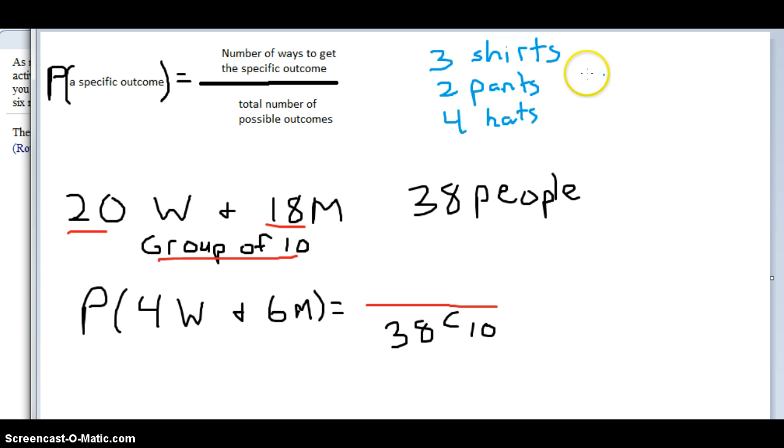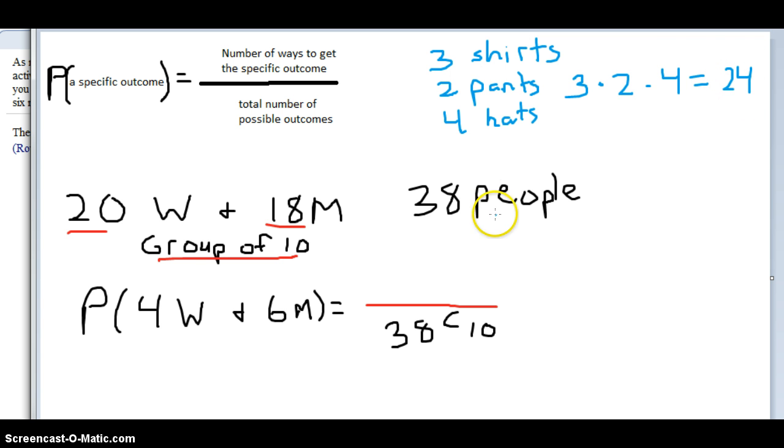Well, to get the total number of possibilities, you say I had 3 possibilities for that first option, and you multiply it by the number of possibilities you have for that second option. And here we have a third option, so multiply by that again. So what do we get here? 24.